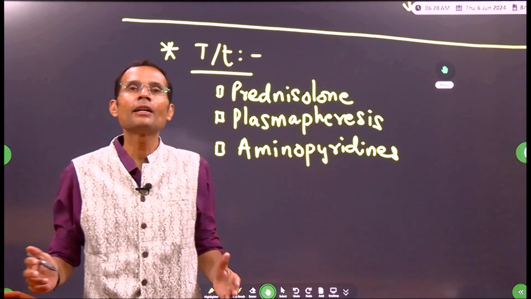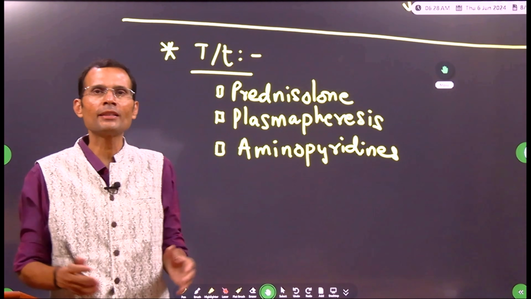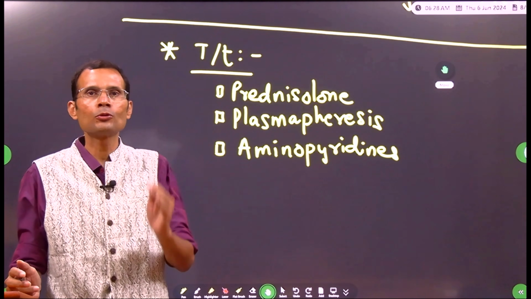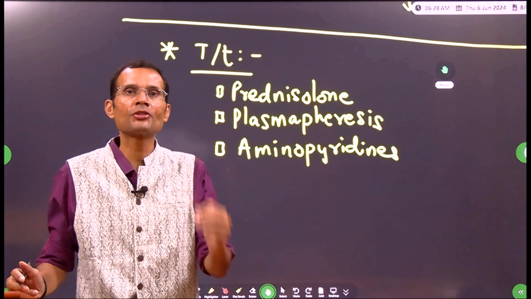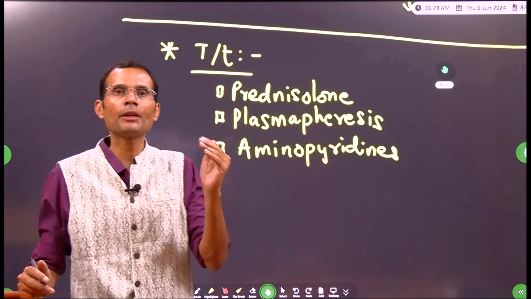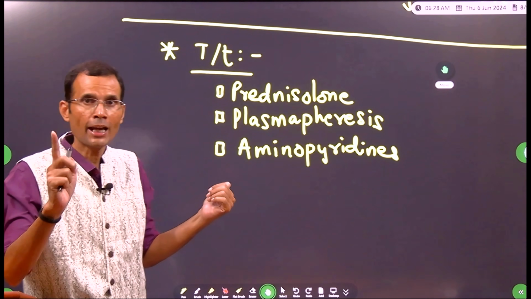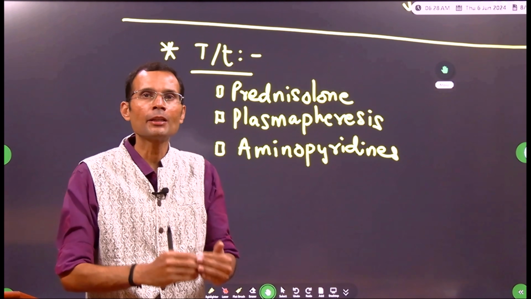And aminopyridines, these drugs are sometimes used in the Lambert Eaton disease. What's the basis? These drugs are known to inhibit the potassium channels. Potassium channels in the motor nerve terminal, presynaptic terminal. Okay, not calcium. Potassium channels are inhibited.